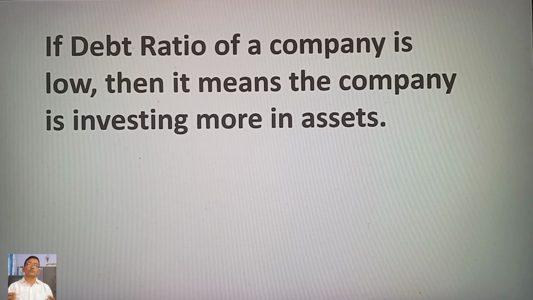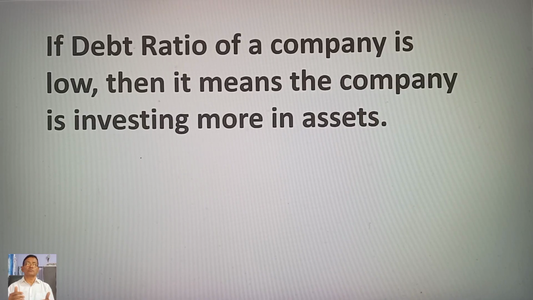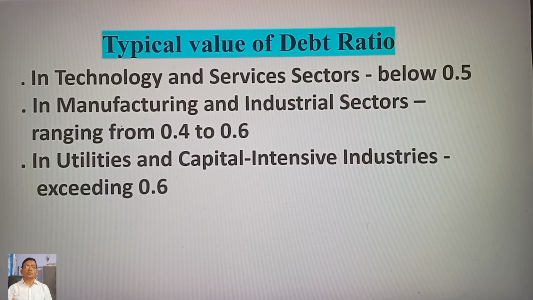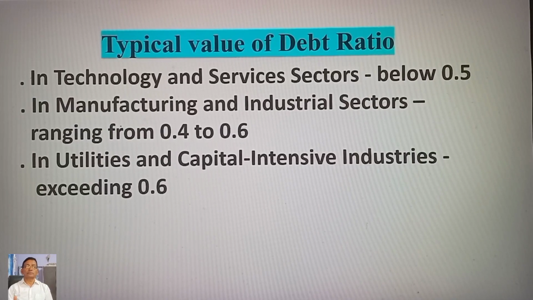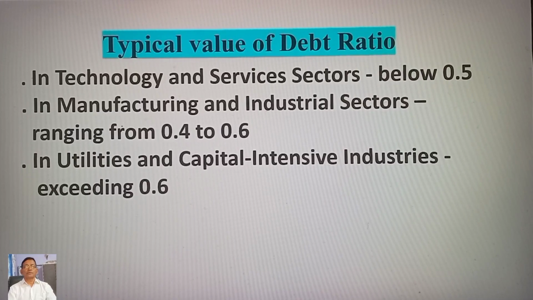The acceptable level of debt ratio varies by industry, reflecting different capital structures and financing needs. In technology and service industries, the debt ratio is typically below 0.5 due to lower capital requirements and a preference for equity financing.